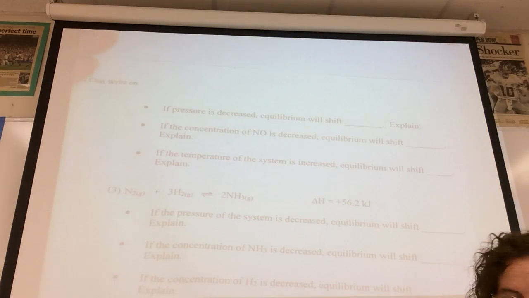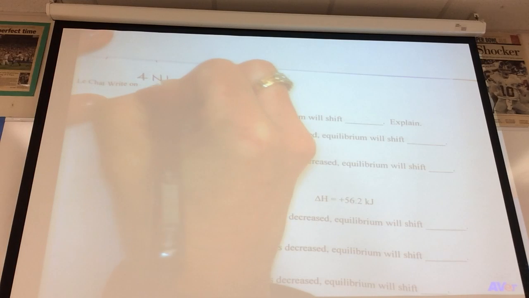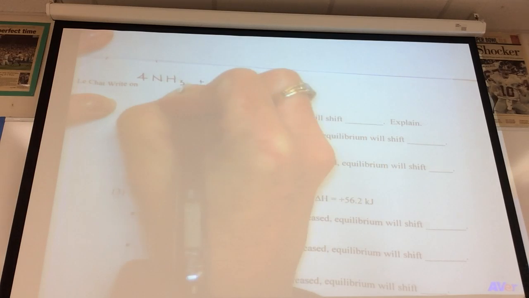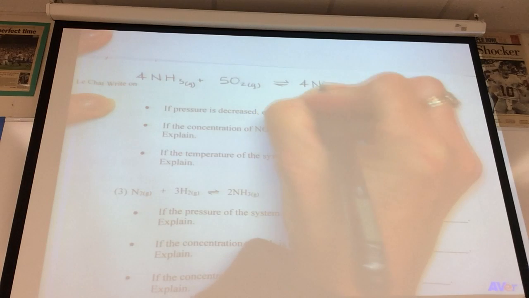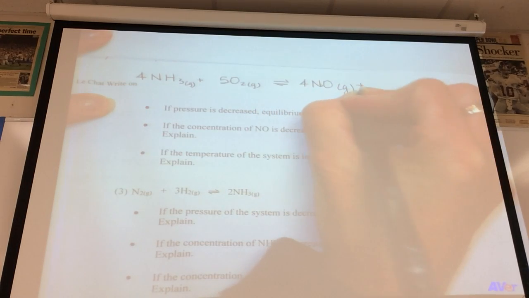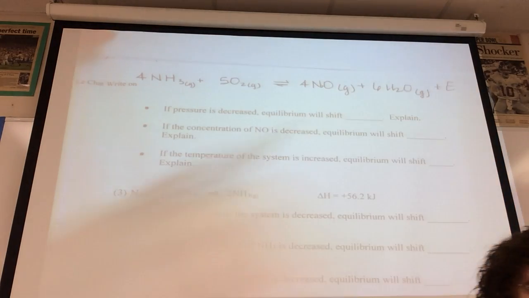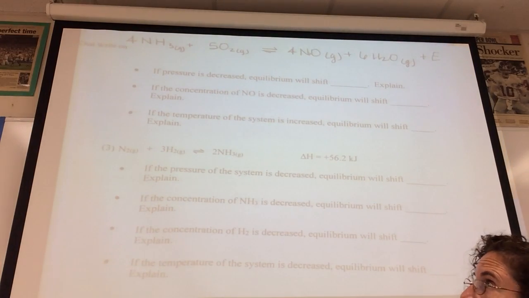So we've got 4 moles of ammonia plus 5 moles of oxygen gas. We've got 4 moles of nitrogen monoxide gas and 6 moles of water vapor. And I'm going to put E for energy right there because it's an exothermic reaction with a negative delta H.